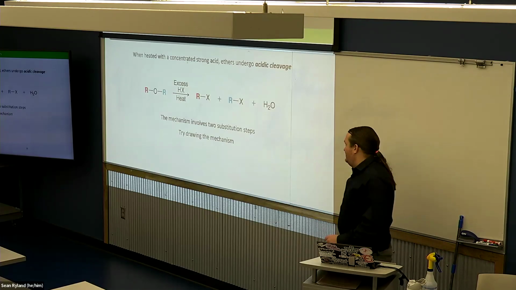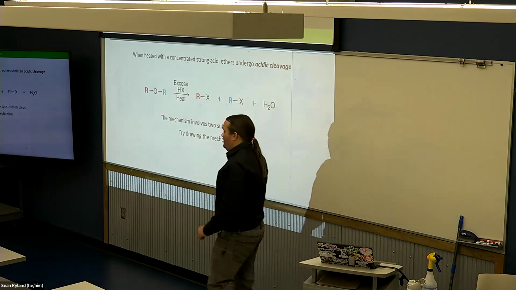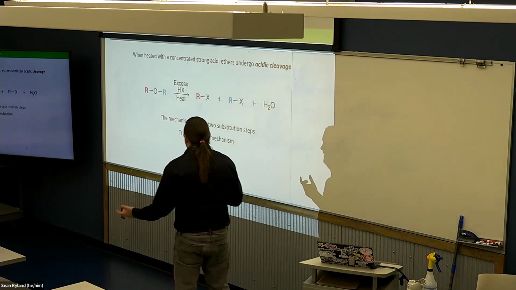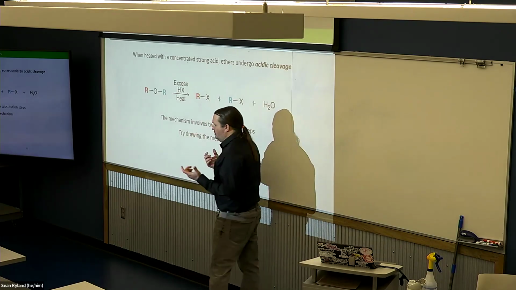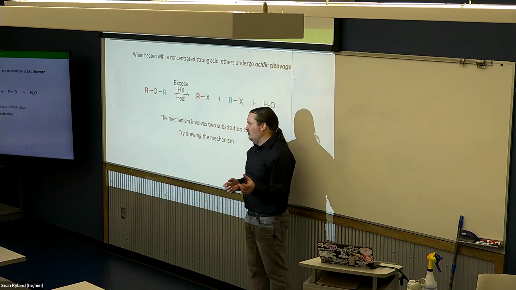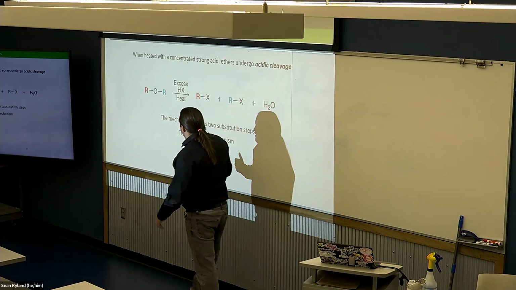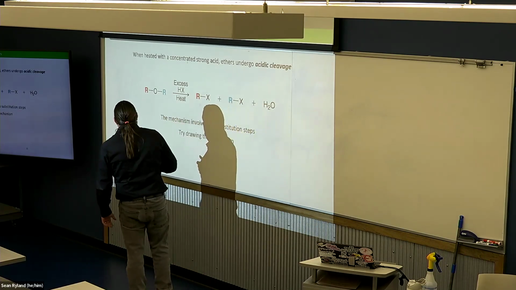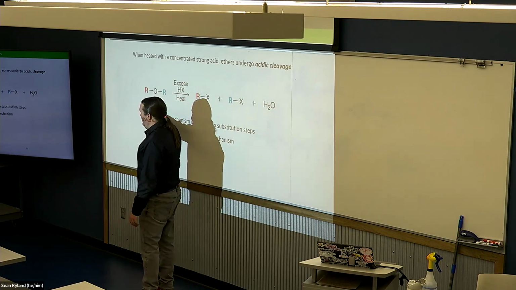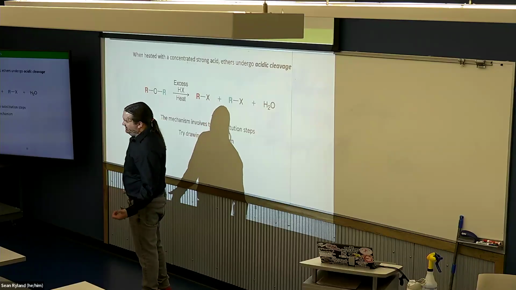Right, and then one of the other nice things about ethers is we can undo that too. The same way that all of our substitution reactions basically, if we change the conditions, we could get the substitution to go either direction. If we start from an ether, we can actually break it apart back into its pieces.